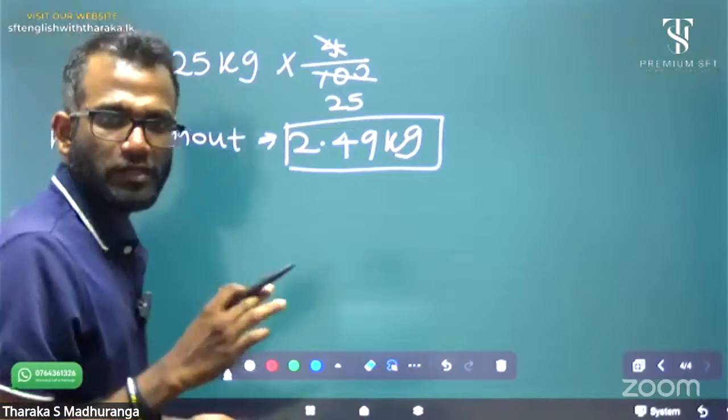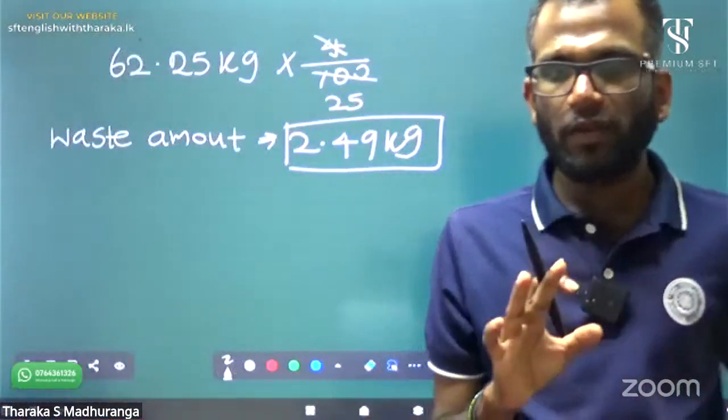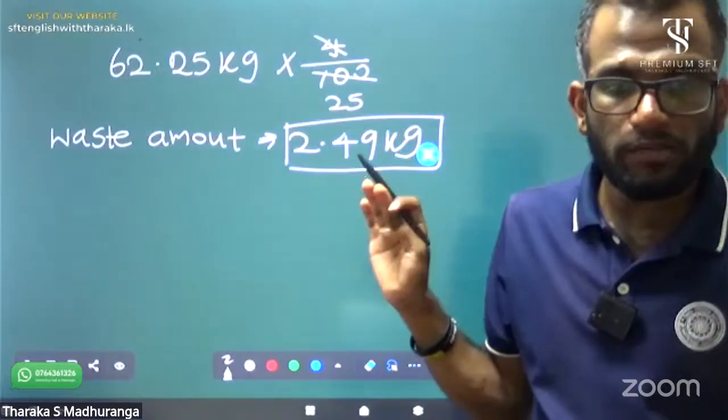Very small value. 2.49 kilograms only if you use a wooden box.